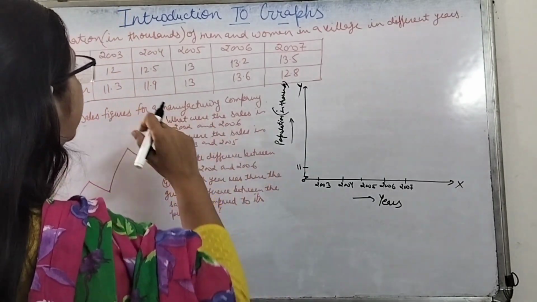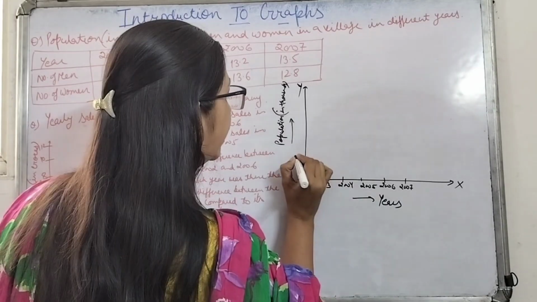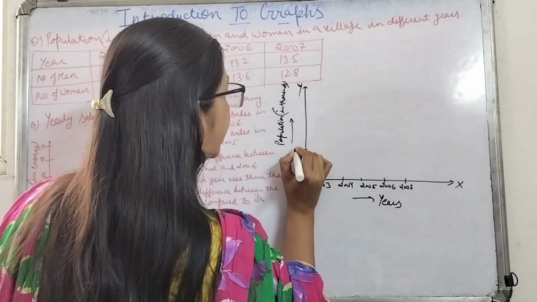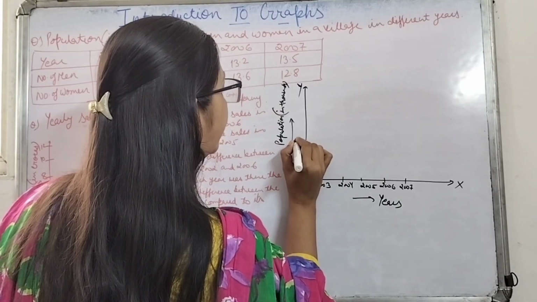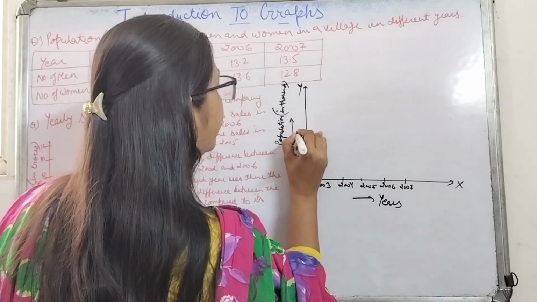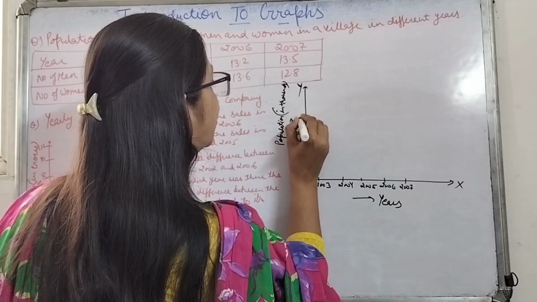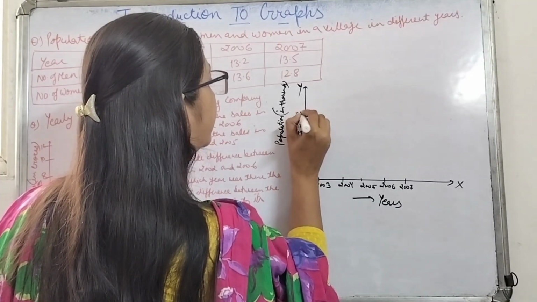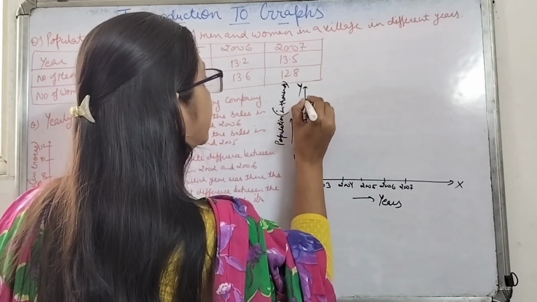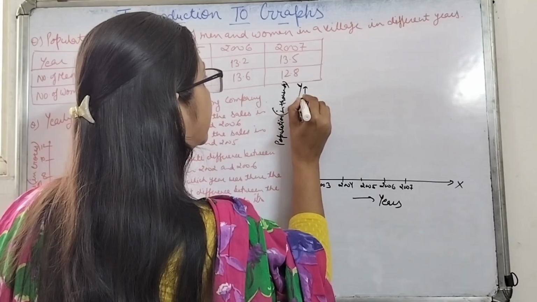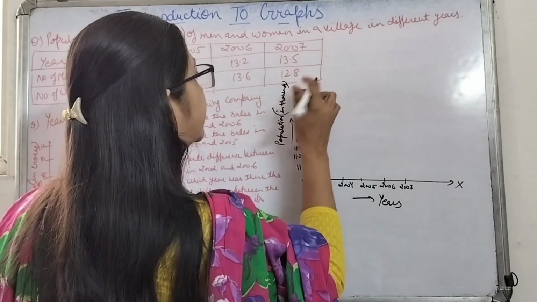This is 11. Then after 11, we are taking your 11.2, then 11.4, 11.6, 11.8, that is your 12, 12.2, 12.4, 12.6, 12.8, we are extending it.